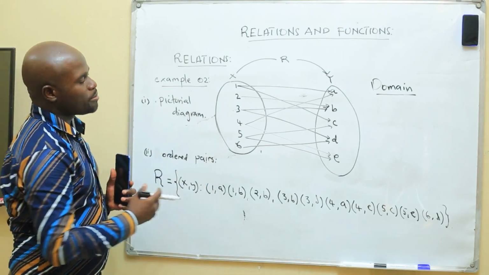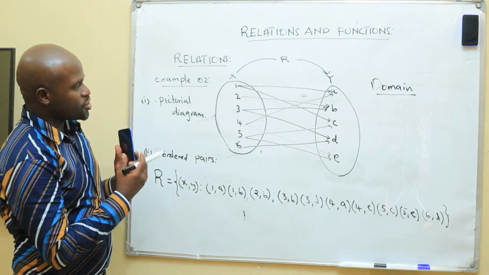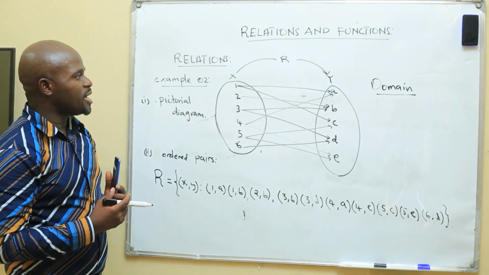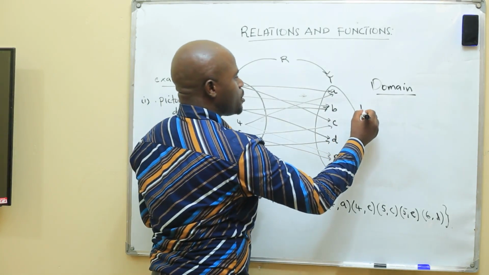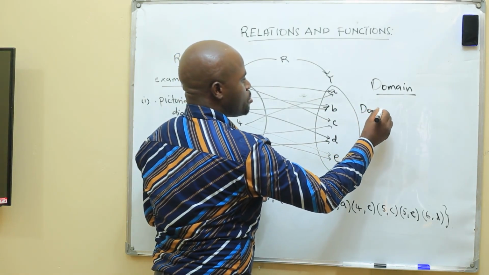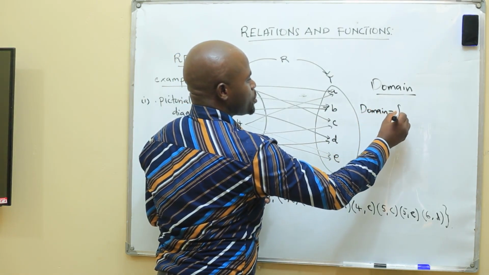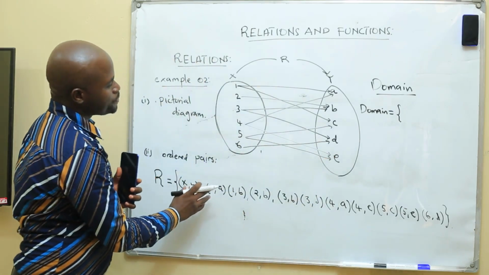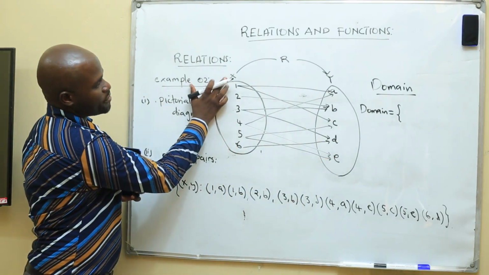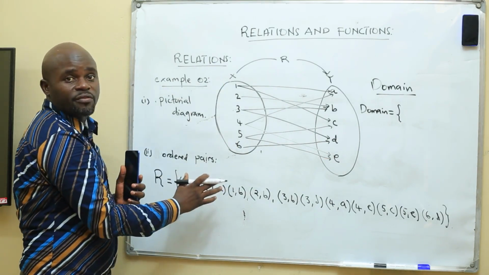So according to our example here, if we are asked to display the domain, we say domain is equal to curly bracket. The domains are all elements of the first set. What is the first set?